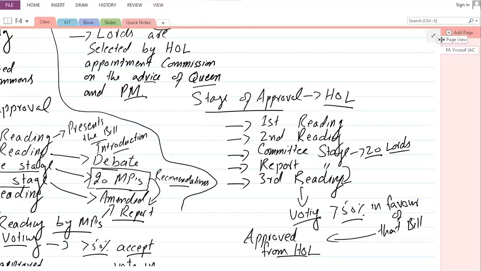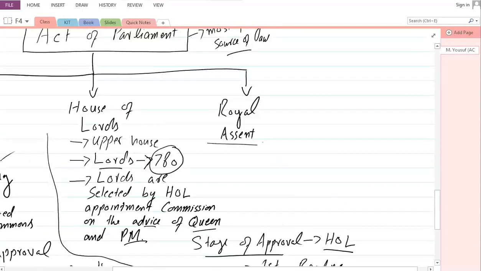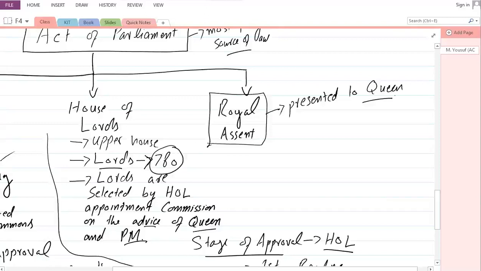Then comes the last stage, that is the royal assent. Royal assent means that finally the bill is presented to the Queen. Currently the UK's Queen's name is Elizabeth II.